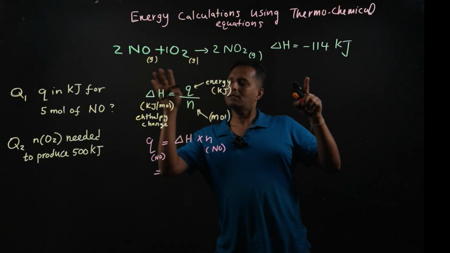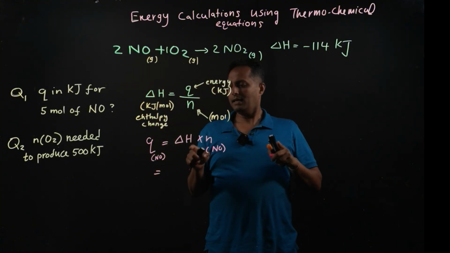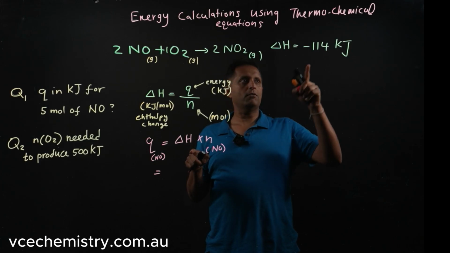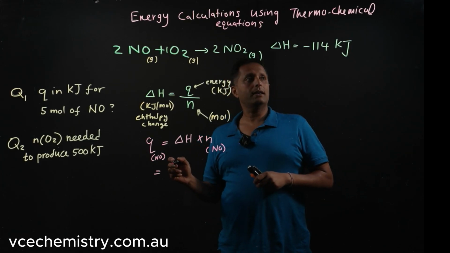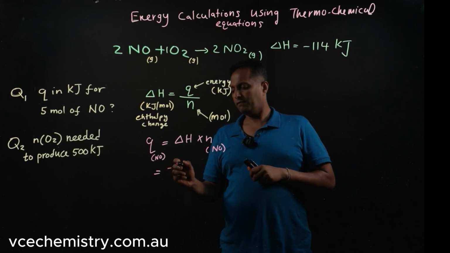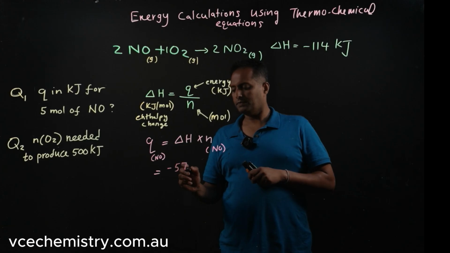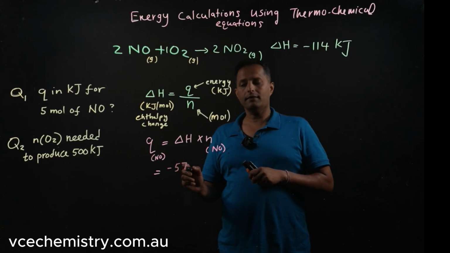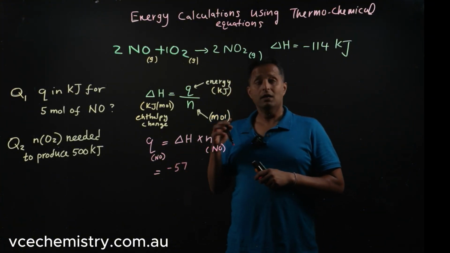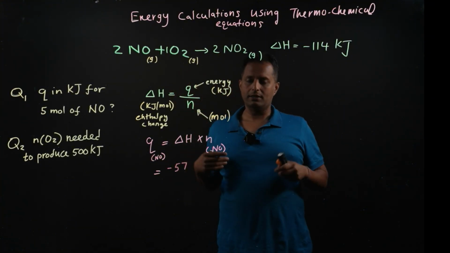Remember, you have to lock the number of moles to the energy. But when you are using this equation, the delta H value should be used for 1 mole. So for 1 mole, it has to be divided by 2, so 57 kilojoules, minus, because delta H has to be negative since it's an exothermic reaction.